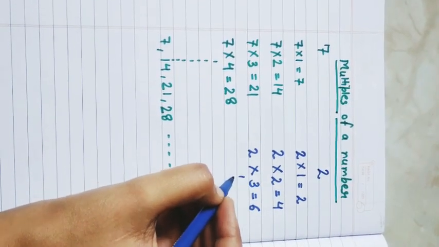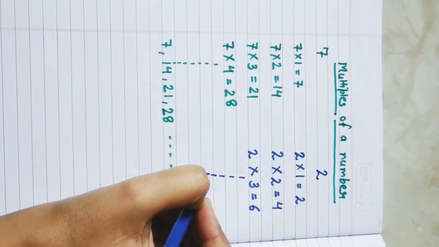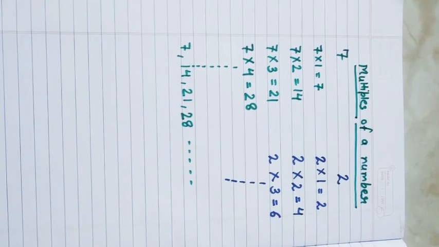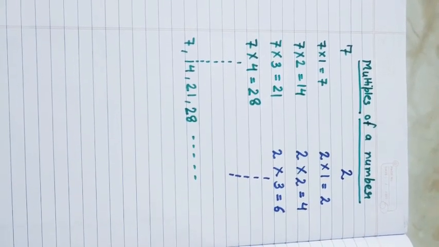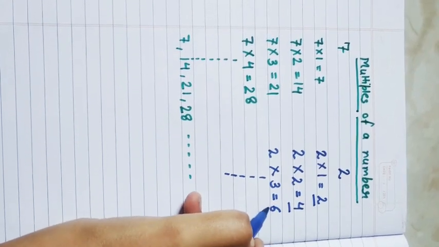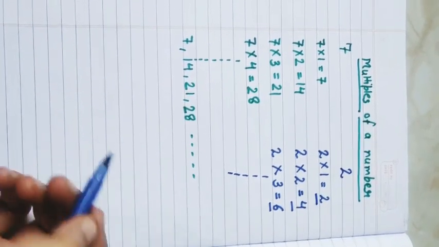And the multiples of 2 continue. So, what's special about the multiples of 2? We get the multiples of 2, which are 2, 4, 6 and so on.